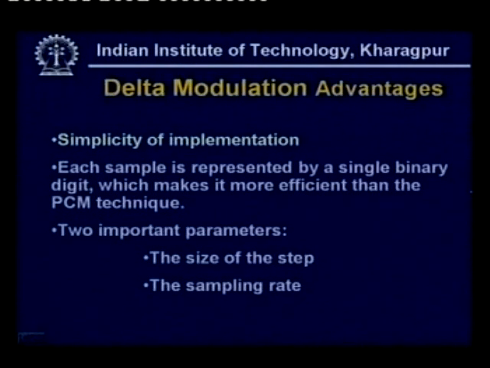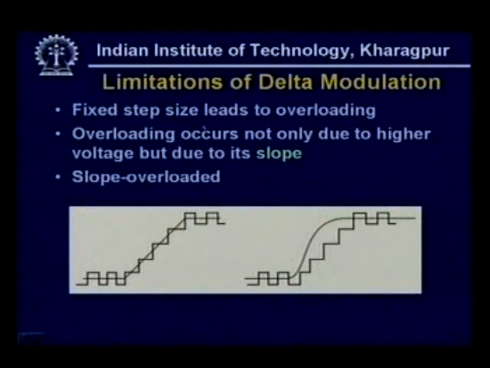However, there are two important parameters: the step size, and the sampling rate. These two play a very important role. In what way? Let us see in the next slide. This fixed step size leads to overloading. What do you mean by overloading?